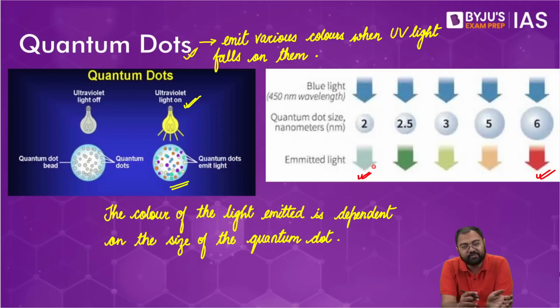How it selectively passes through is a little beyond the level of understanding required at our level. But just remember that these are based on the various components of white light, and what component of the white light will be emitted depends on the size of this particular quantum dot.